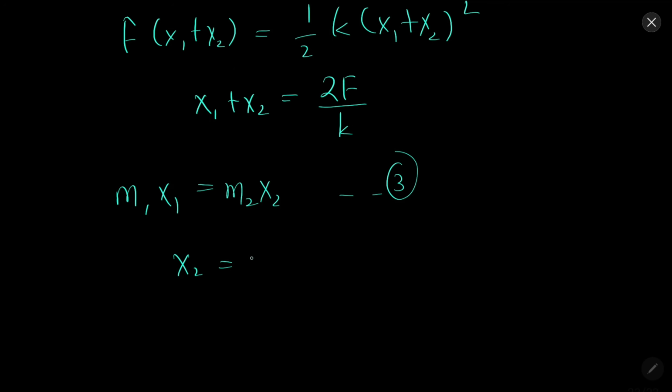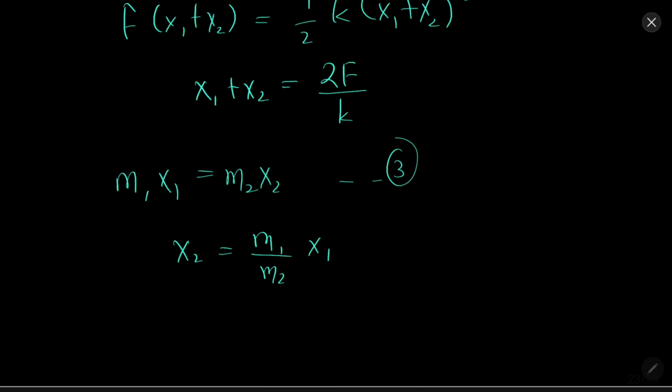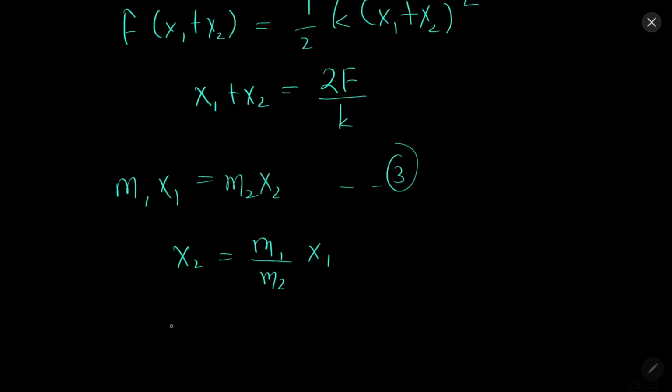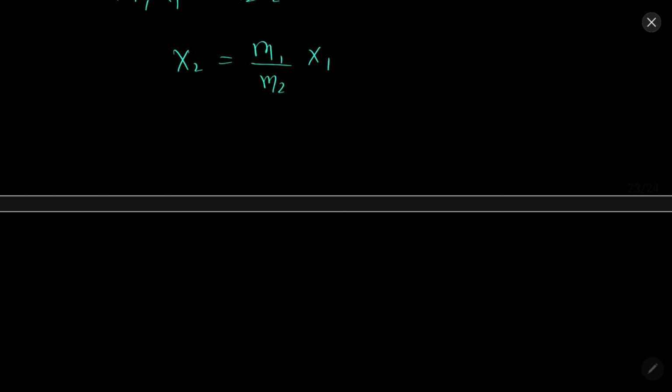So x2 will be m1 over m2 into x1. So by this we will have x1 (1 plus m1 over m2) equal to 2F over k.